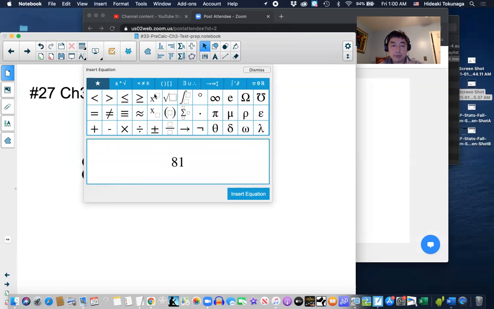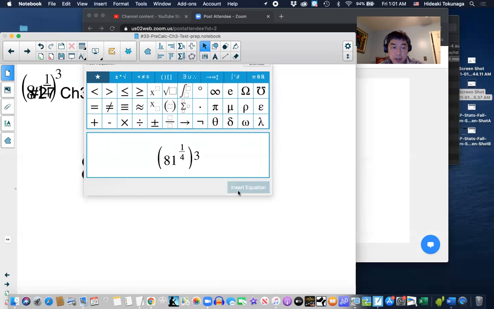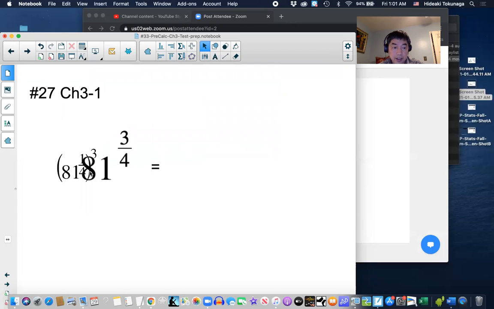Then you have to raise it to the 3rd power. I wonder if it comes up clear. Oh, it came up nicely.